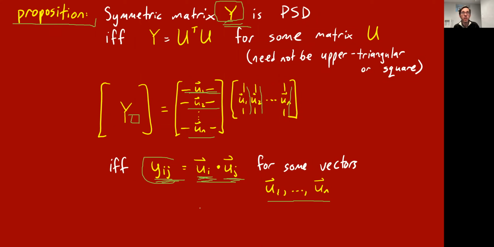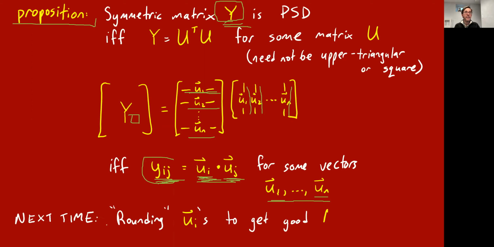The PSD condition is equivalent to saying that there are vectors u1 through un such that ui dot uj equals yij. And so next time, we're going to see how we can solve the max cut SDP we've cooked up, get these vectors, and then round, quote unquote, round these vectors to integer values to get good max cut solutions.